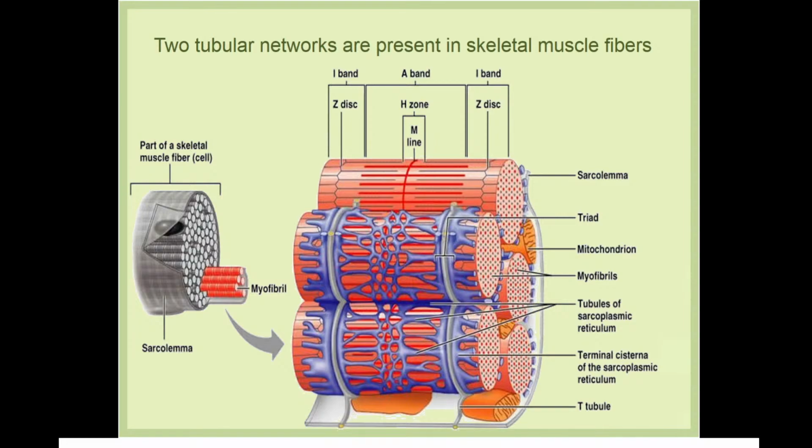The transverse T-tubular network, as you can see here, is formed as an invagination of the surface of the muscle membrane. Action potential spreading over the surface of the muscle membrane is propagated into the network of the T-tubules.